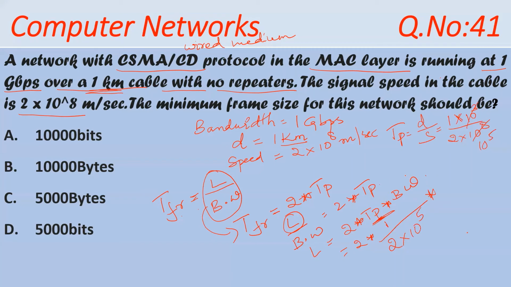The bandwidth here is 1 Gbps, which is 1 into 10 power 9. So this 2 and this 2 go off, and this will reduce to 10 power 4. So I got 1 into 10 power 4, which is 10,000 bits. So the answer is 10,000 bits.